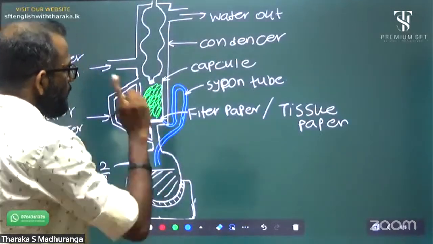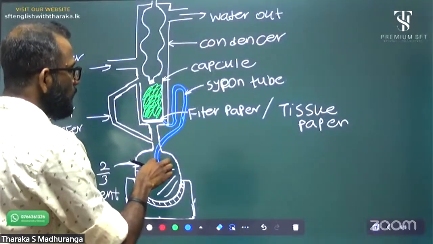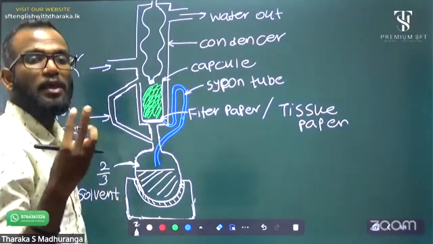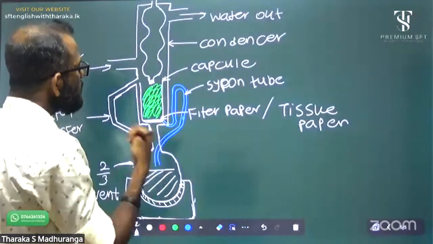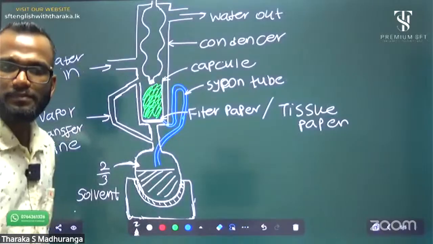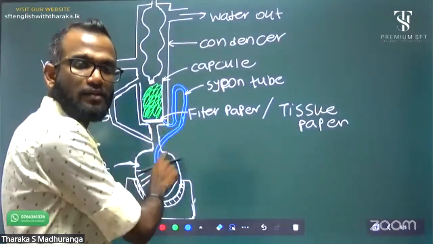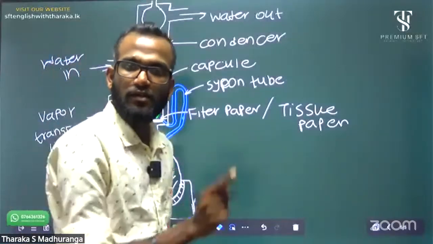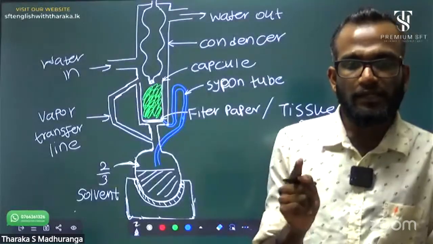Okay, now can you see there are three main paths for this vapor to transfer. Then what is the easiest method to transfer vapor? There are three open paths. What is the easiest one?